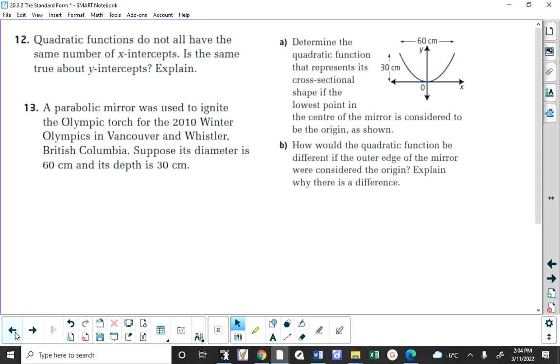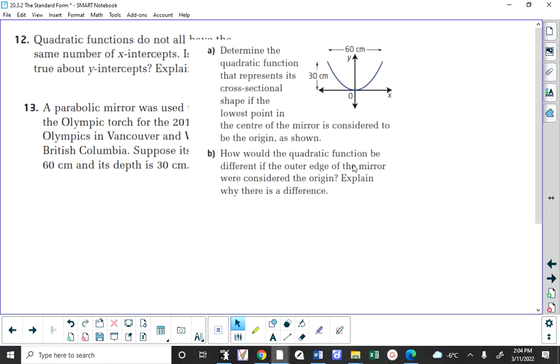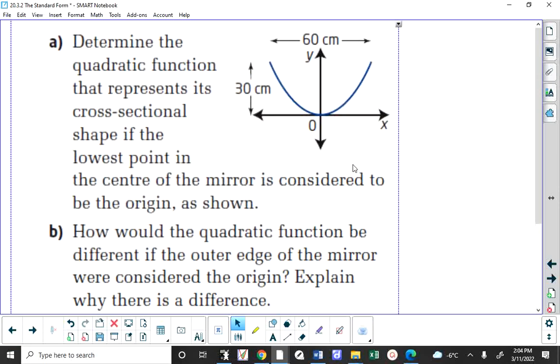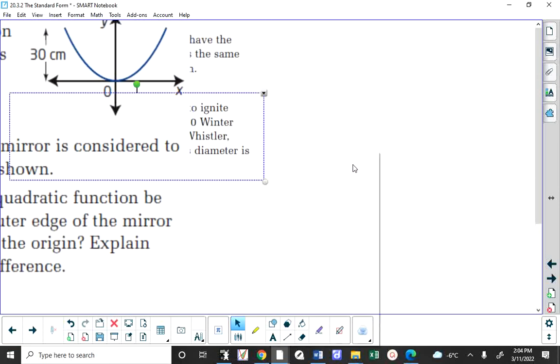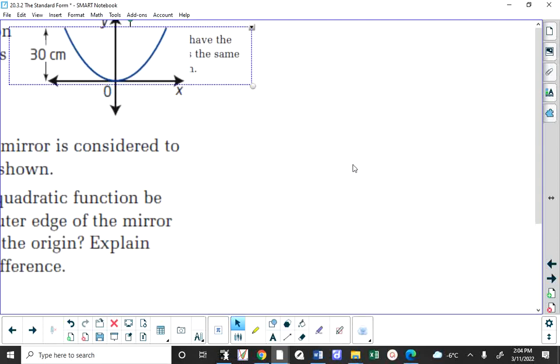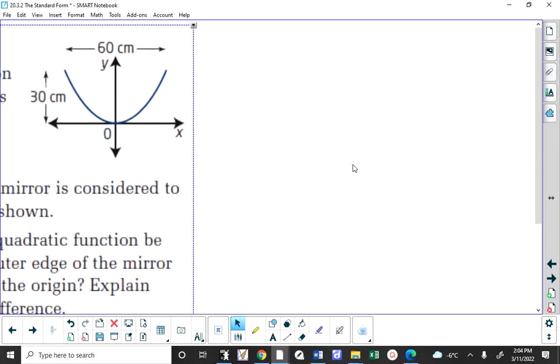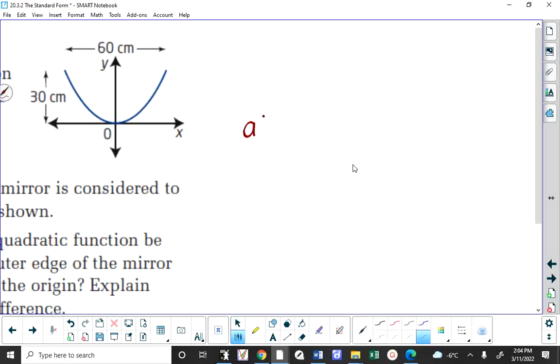Okay, so I'm going to actually go through A first, even though you asked about B. We have this at the origin right now in question A. So the quadratic function is y equals A times (x minus p) squared plus q.